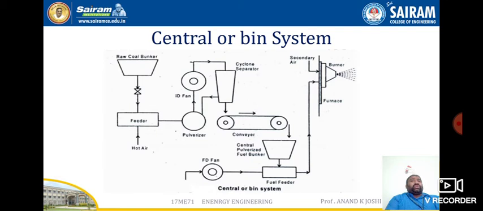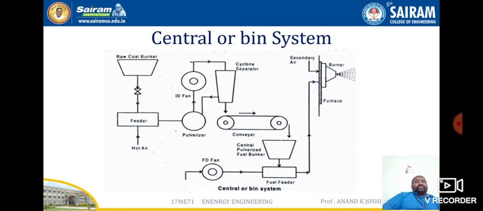This air not only carries the fuel, but also acts as the primary air for combustion, and secondary air is supplied to the burner separately to assist complete combustion. So here we are providing two airs, primary air and secondary air.